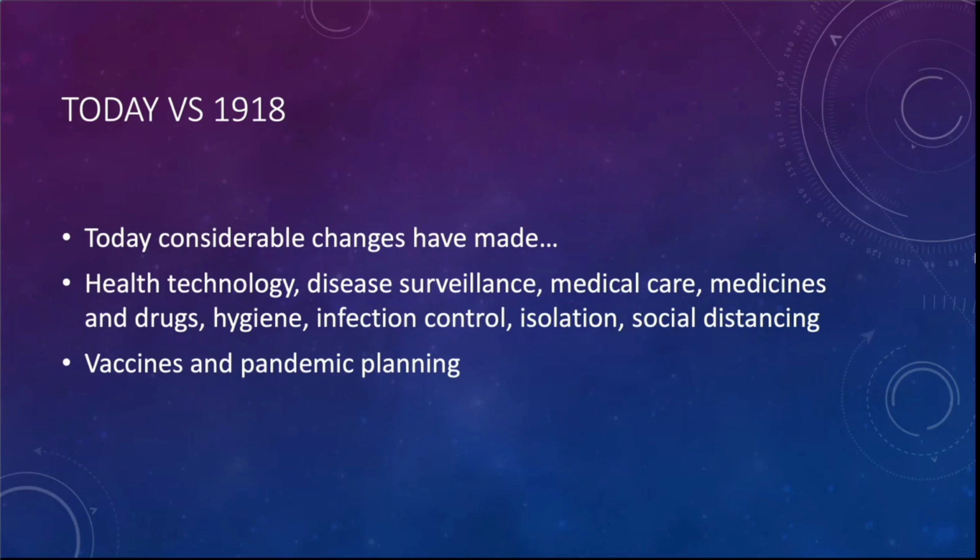They barely had that in 1918. We are working really hard on vaccines, specifically for this virus and for other viruses. We have better pandemic planning from lessons that we learned from previous pandemics. They didn't have that much experience in 1918.